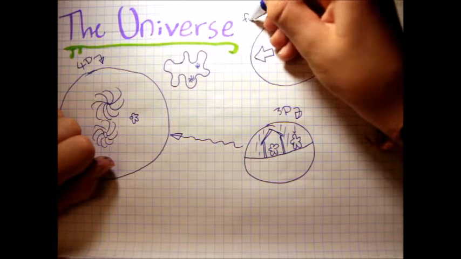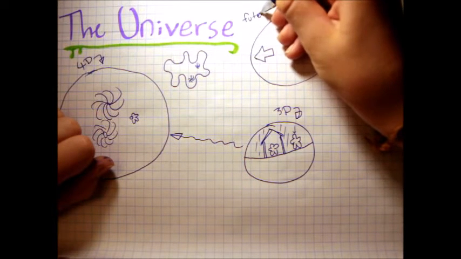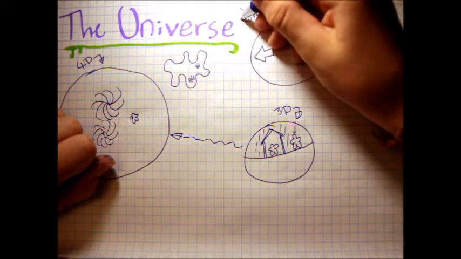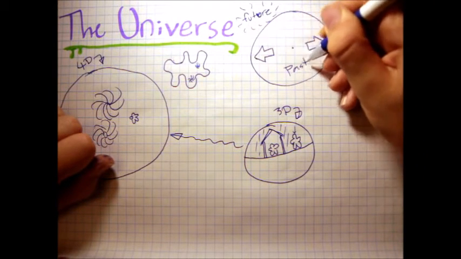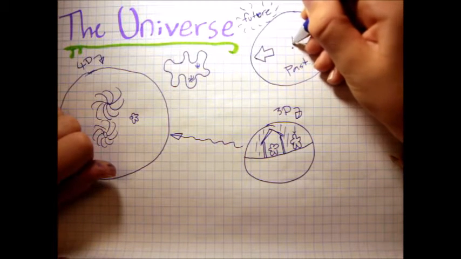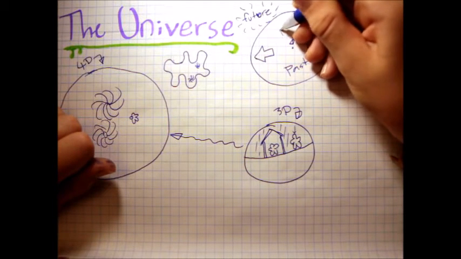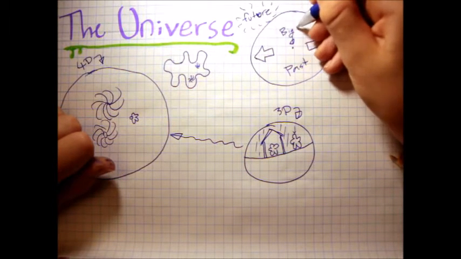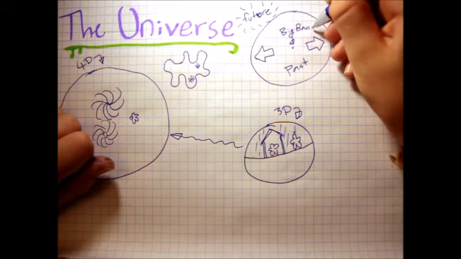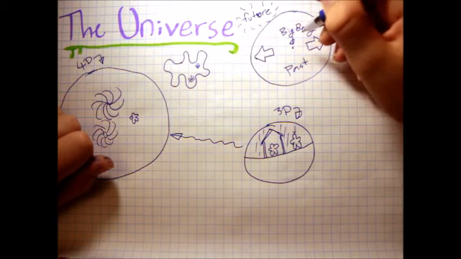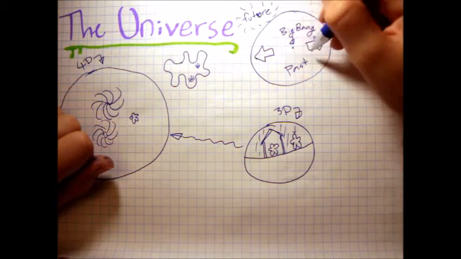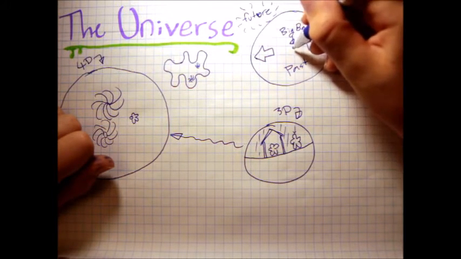So, here is the future, and inside is the past. The very center is when the Big Bang happened in time. So it's basically a history of time.